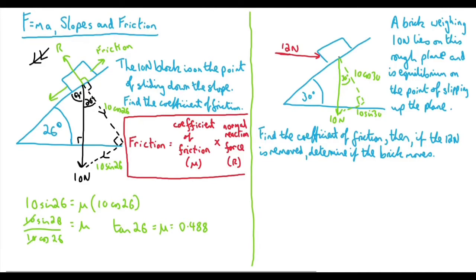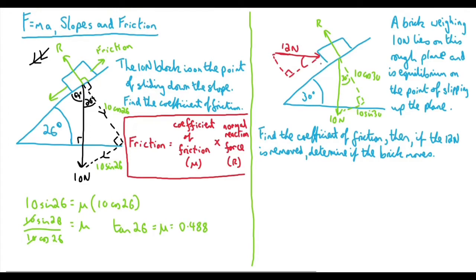You then have your normal reaction force. We're not going to give a label to that yet, because first of all, we also need the components of, let's say, this 12 Newton force here. These components are again going to be, one parallel and one perpendicular. This angle here is also going to match whatever angle is here, because these are alternate angles.